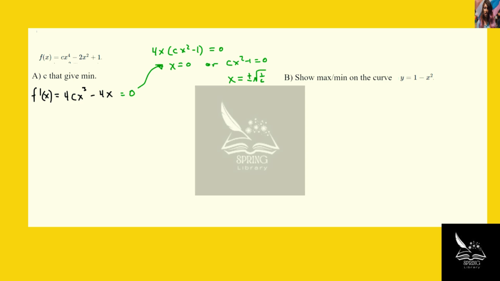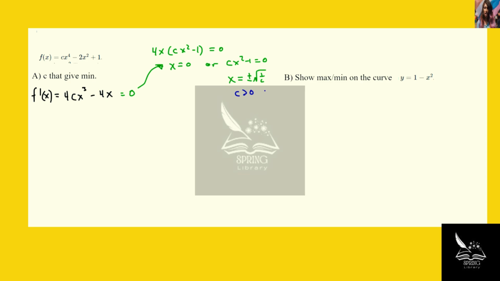So at least right now, we know that c has to be strictly greater than 0, at least for us to get a solution for this other quadratic.